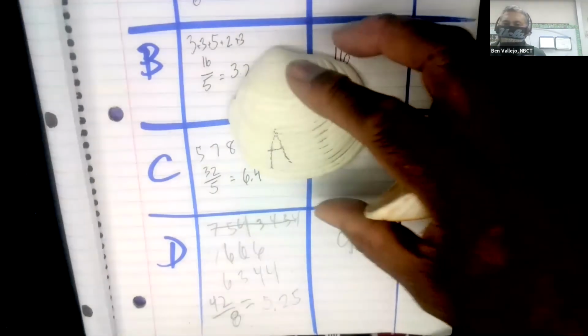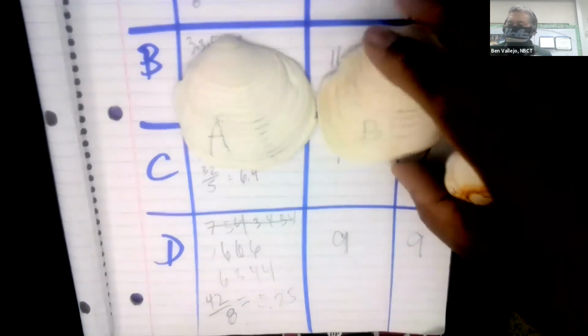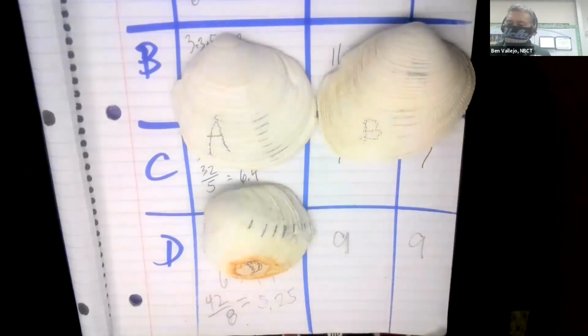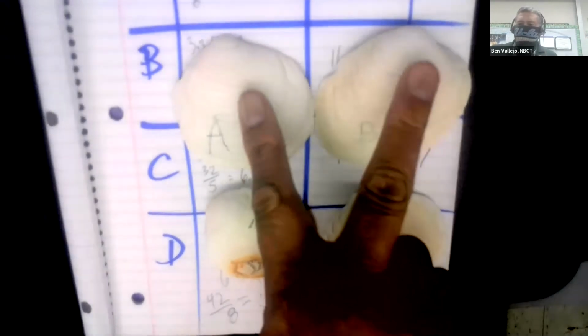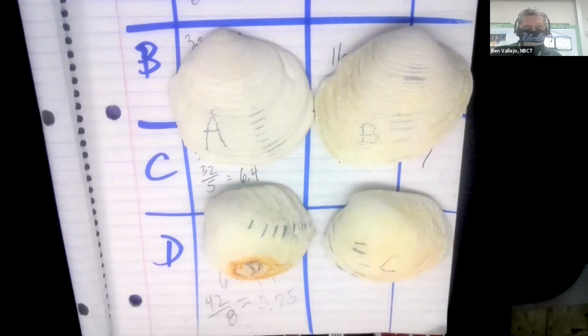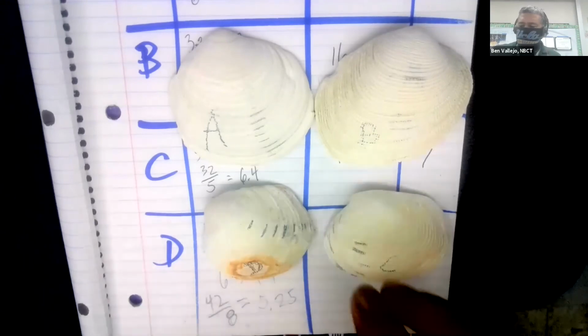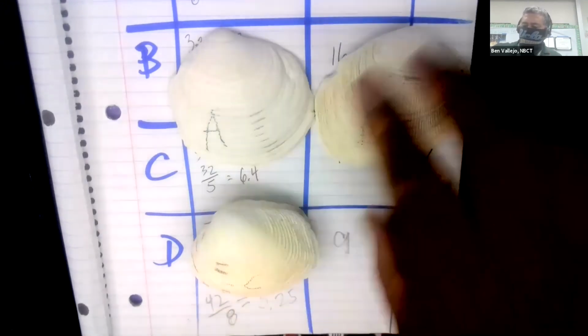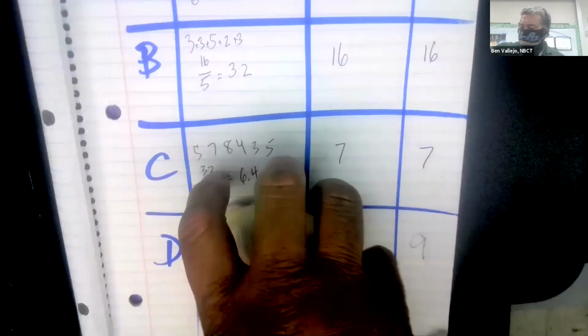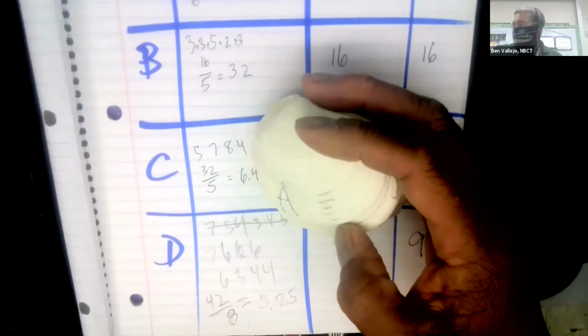And let's see, the bigger ones, there's letter A, and here's letter B. The bigger ones seem to be, not surprisingly, these guys had more bands, A and B did, than C and D. I don't know if you knew that already, that the age of a clam can be figured out by counting the rings. But that is a pretty cool feature.